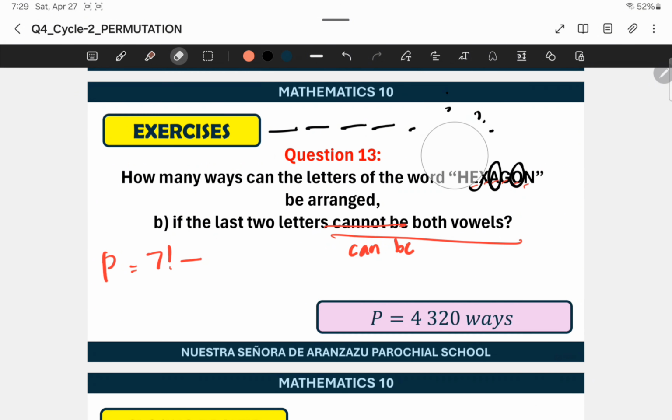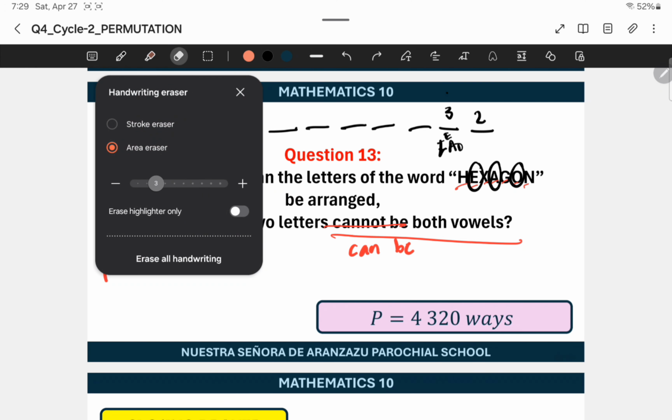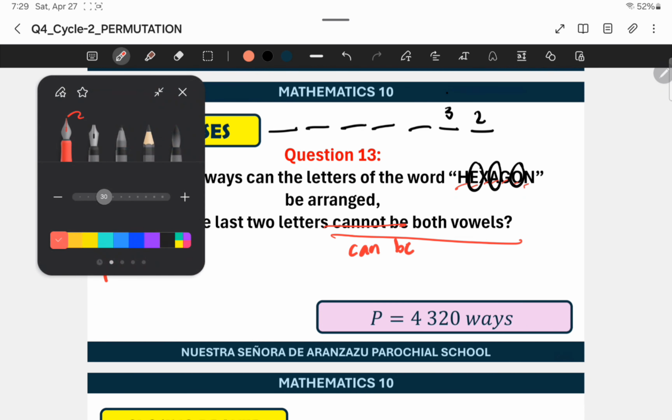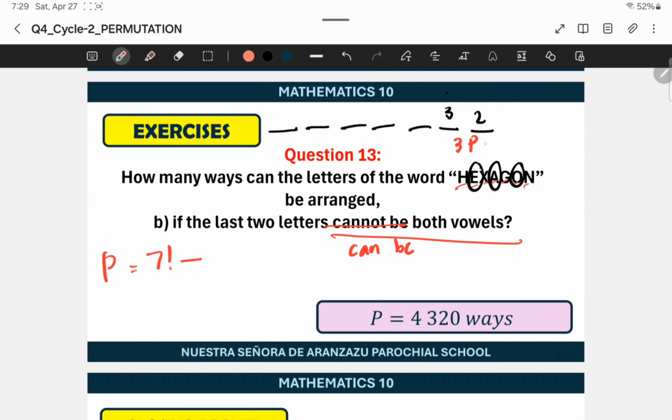And that is the same as 3P2. And dito naman, you have 5, 4, 3, 2, 1. Which is the same as 5P5 or 5 factorial.